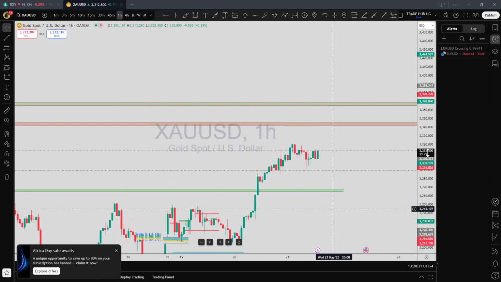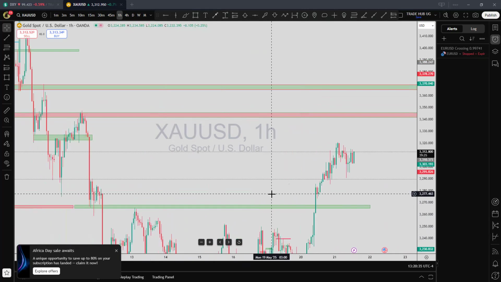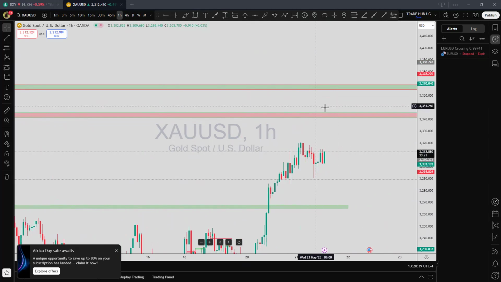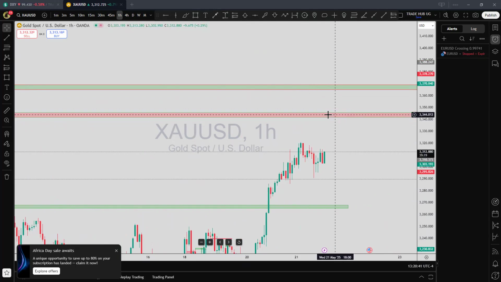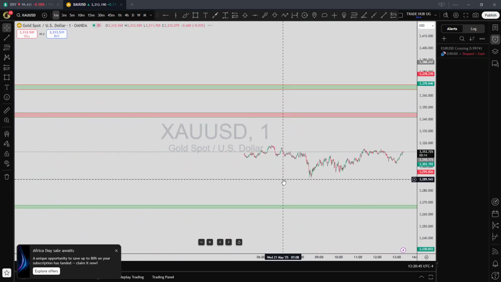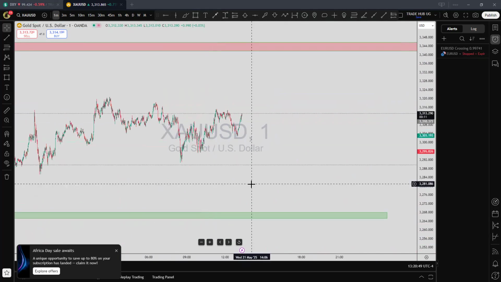Now, I'm using the 4-hour chart and the 1-hour chart to see really where my draw on liquidity is and where the strong level should be. So this is my draw on liquidity, and this is my target. If I'm buying tomorrow, I'll be strongly looking at that price level.